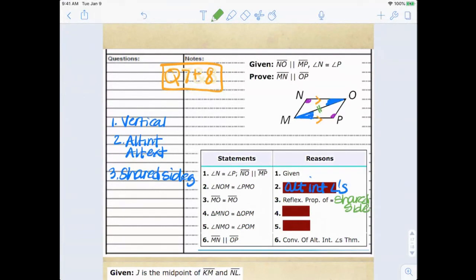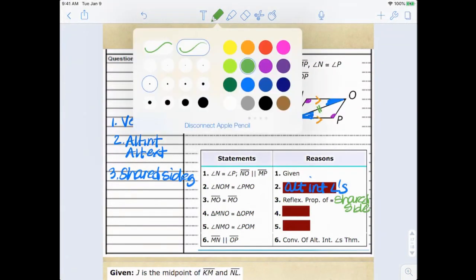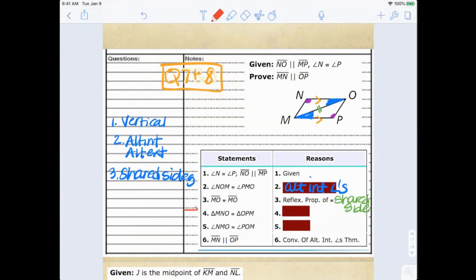So then how do I know these two triangles are congruent? Here's the thing to be careful with. When naming triangles congruent, we use either side, side, side, or angle, side, angle. So what do we have here?